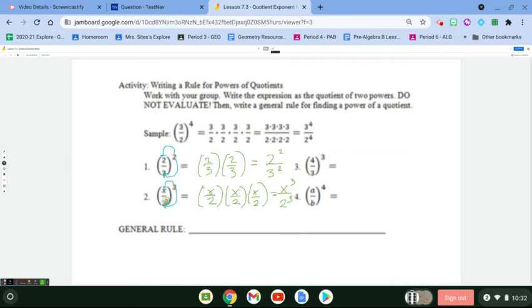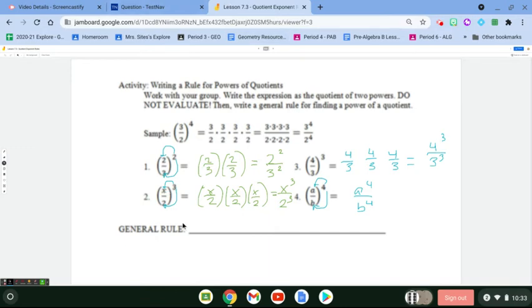If I actually multiplied out 4/3, 4/3, 4/3, you would get 4 to the 3rd over 3 to the 3rd. And for this one, to make your prediction, you would have a to the 4th over b to the 4th if you actually multiplied that out and counted up to see what's happening.